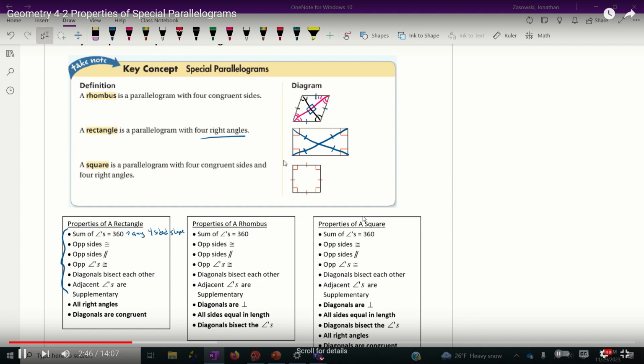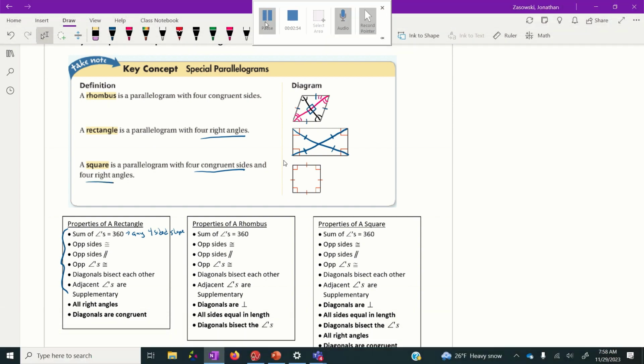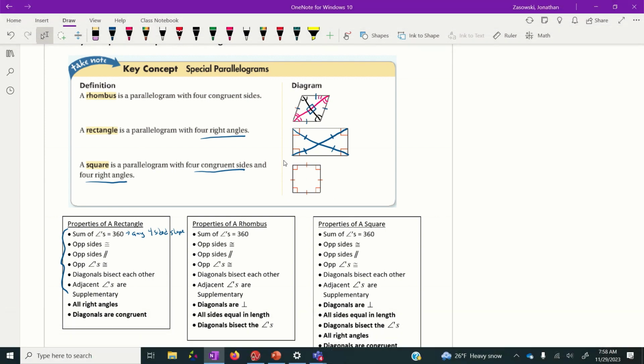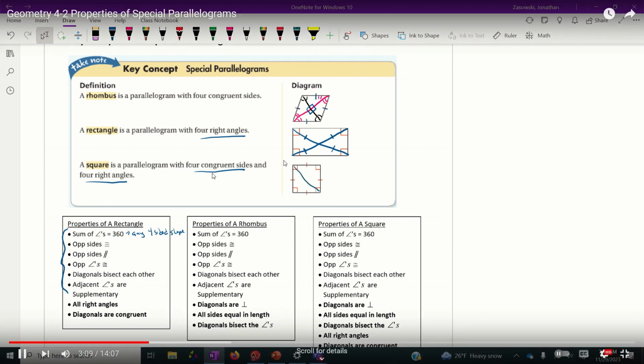The last shape is going to be a square. Squares have all right angles and all equal sides. One thing to keep in mind: since it has four equal sides, that also makes it a rhombus, and since it has four right angles, it also makes it a rectangle.